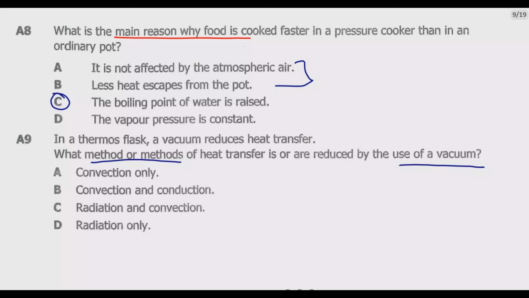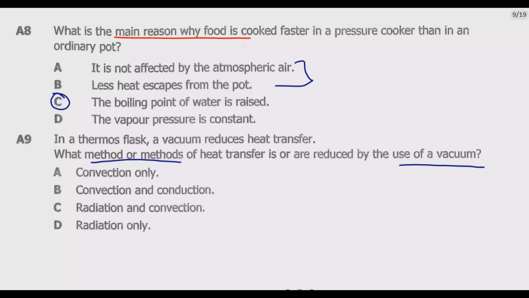then D, radiation only. So in a thermal flask, the use of a vacuum primarily reduces two methods of heat transfer, which are conduction and convection. Conduction and convection require a medium like air or liquid to transfer heat.